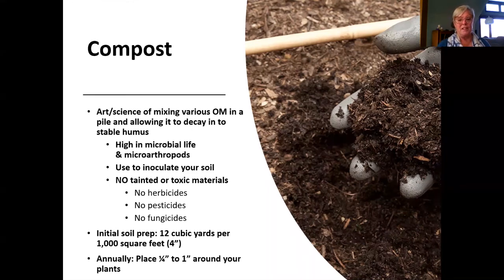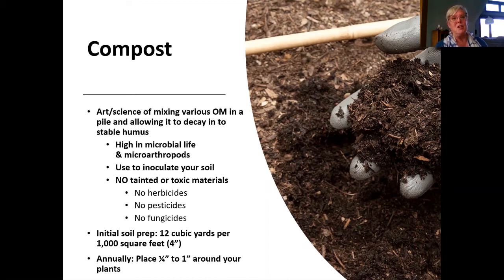For a new garden, start with something on the order of 12 cubic yards per 1,000 square feet, that's a 4-inch layer or more. I used roughly a foot in mine, between compost, horse manures, my own homemade compost, llama poop, you name it, just whatever you can get that way.